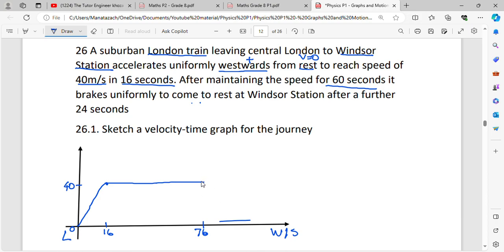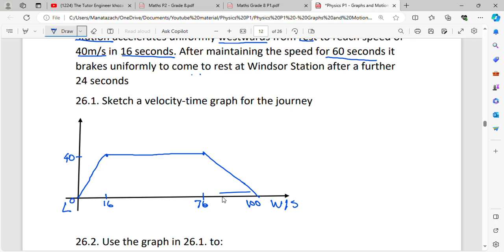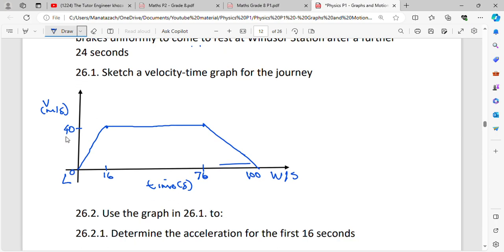So this is where the brakes will be applied for a further 24 seconds, which will take us to 100. So this is going to be our velocity time graph. Let's just label the time axis, and then this is going to be our velocity axis, and then that will be it.